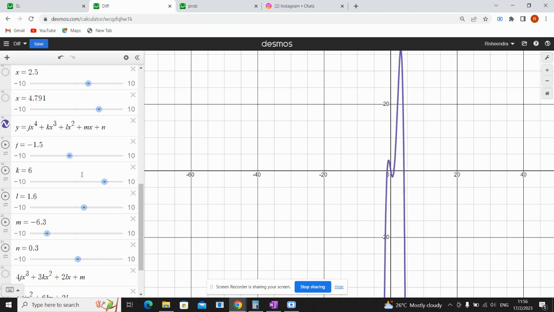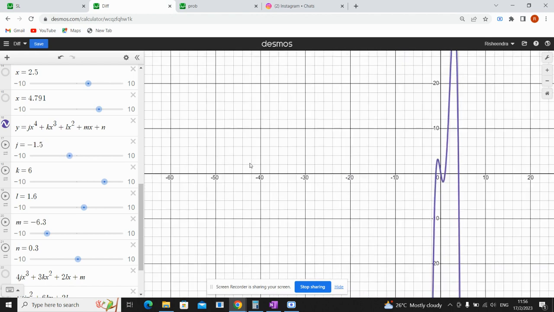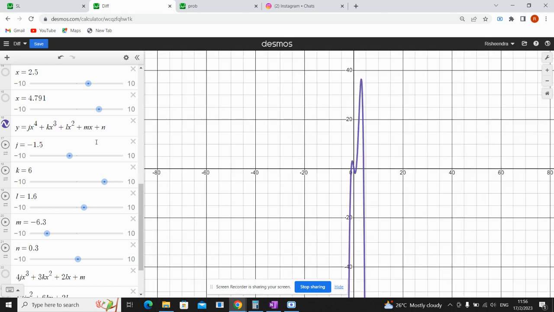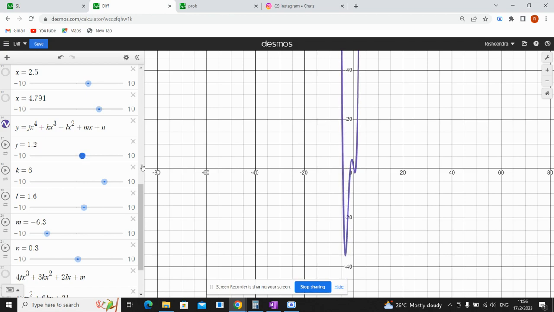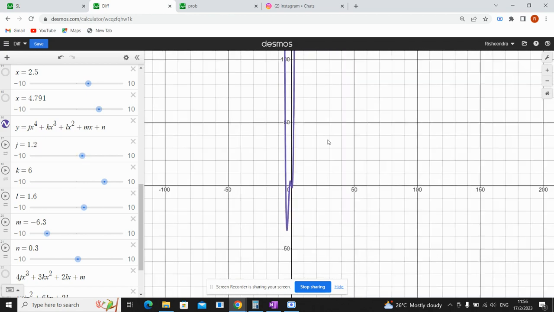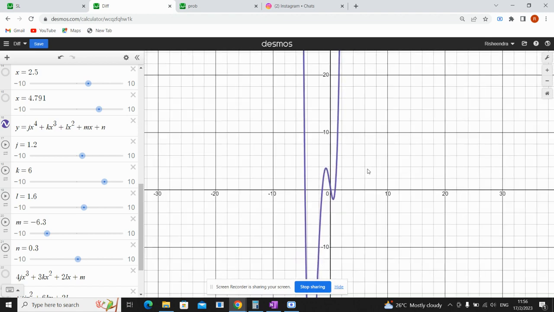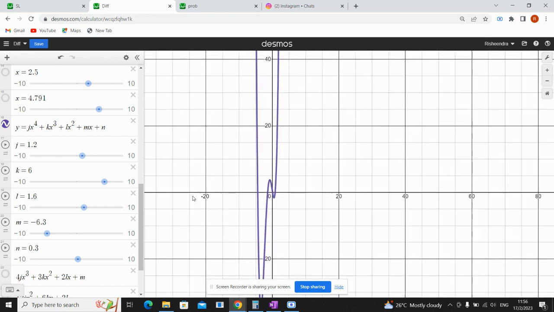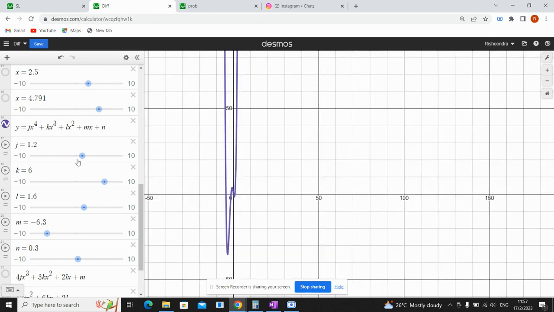Look at here, let's assume this is the graph we take, and it can have a j value being negative or it can have a j value being positive. With the positive j value, the graph will look like this upside down graph, just like a parabola, and it will have a maximum point.